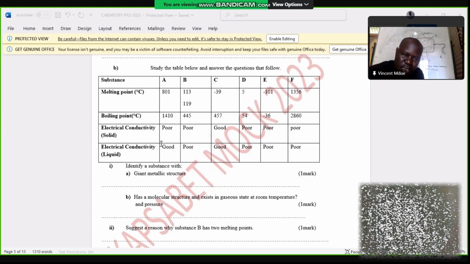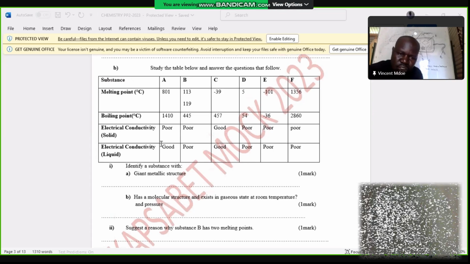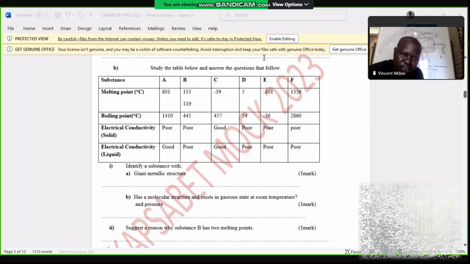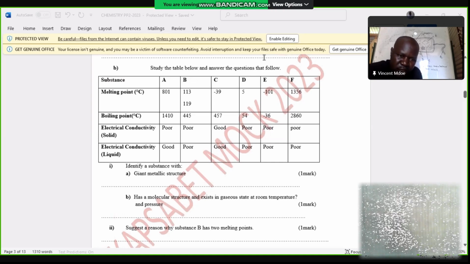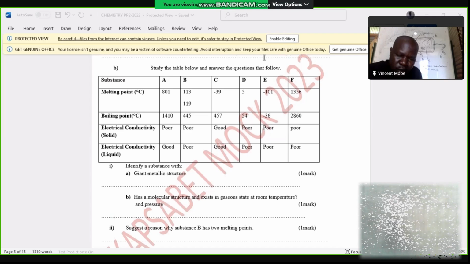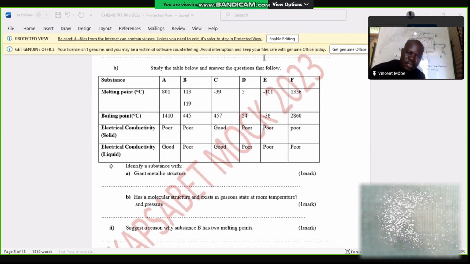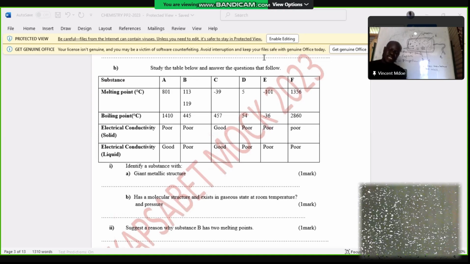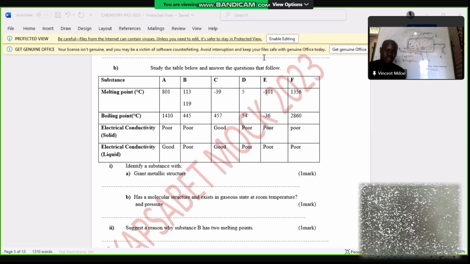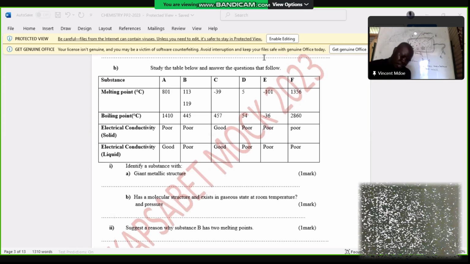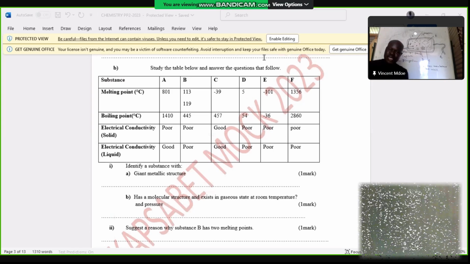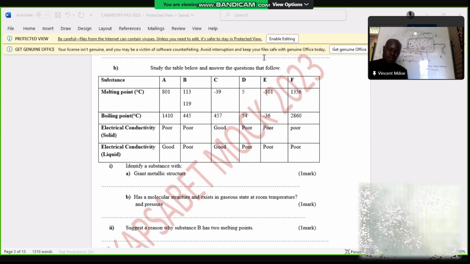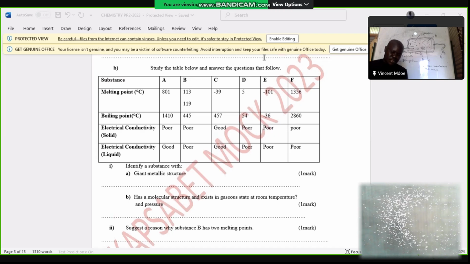So in other terms, it's not even an element, it's a substance. Substance A has what we call a giant ionic structure. In a giant ionic structure, they conduct electricity in molten or liquid or solution forms, but in solid state they do not conduct. Because in solid state, the ions are held in fixed positions, hence immobile, so they do not conduct electricity.